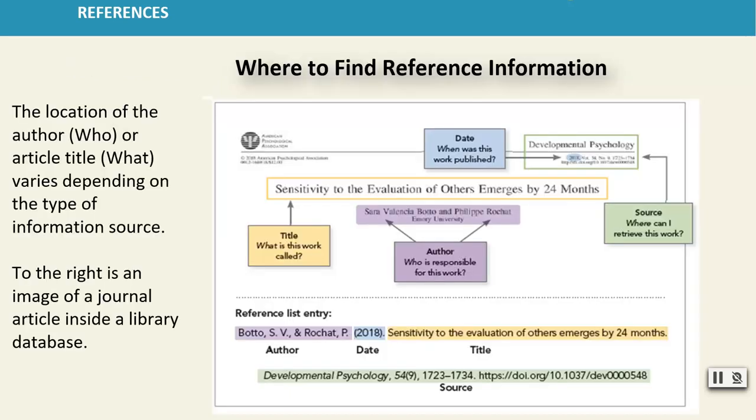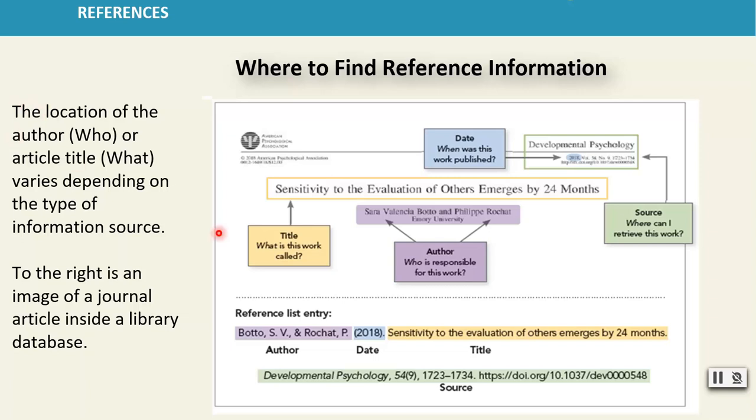Where do you find these pieces that make up a citation for APA? This is an image of an article that is pulled from a journal that is within a database. And you will see that the author's names are the first component that you look for, correct?